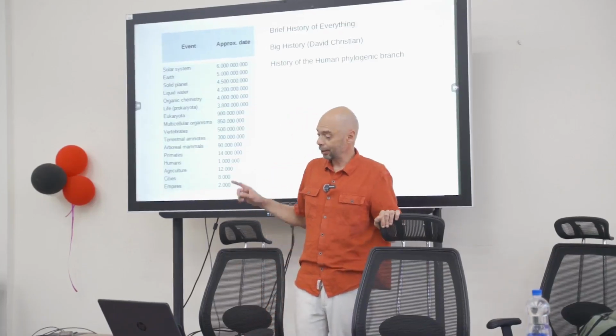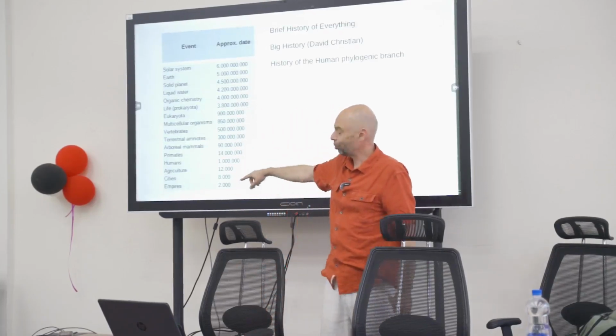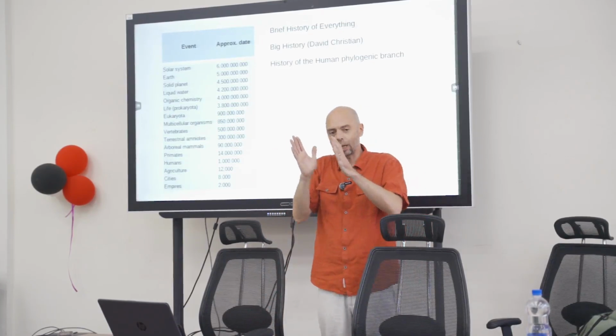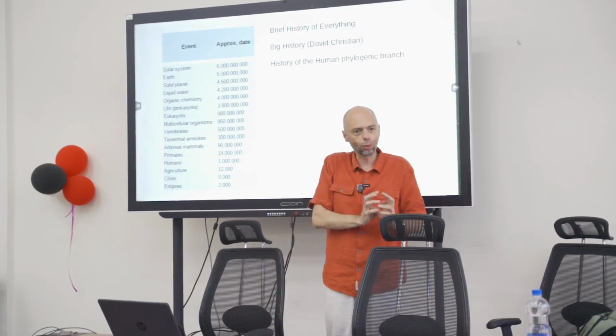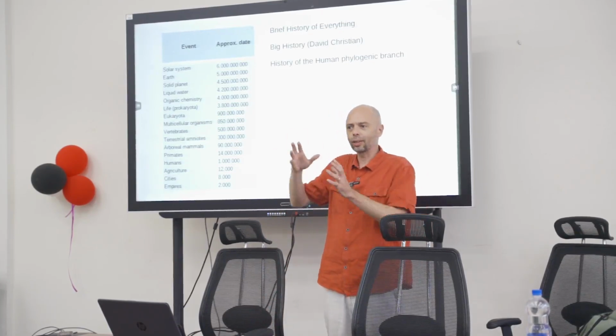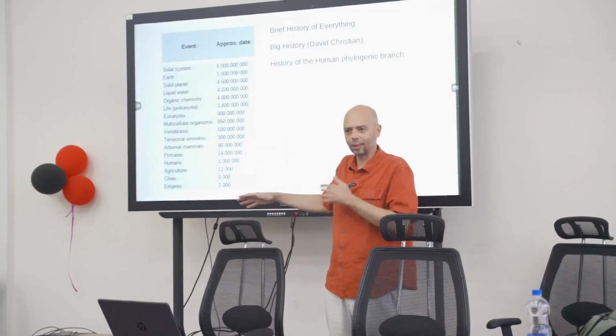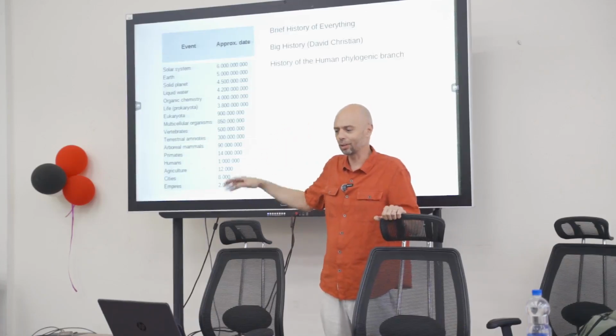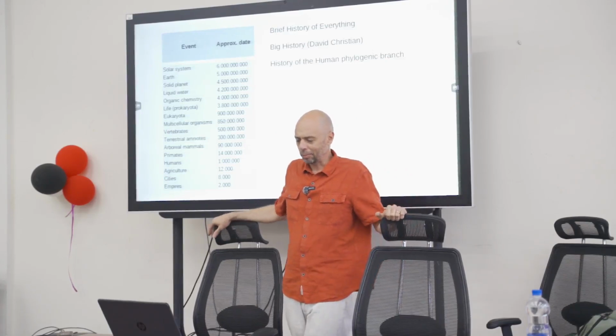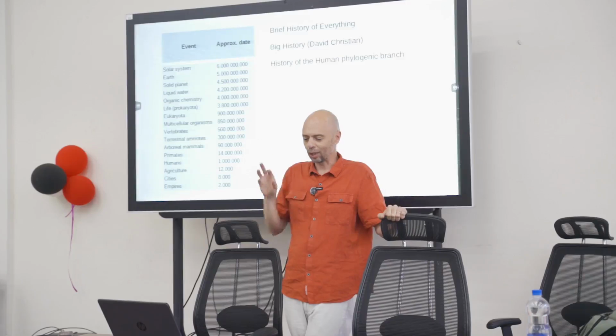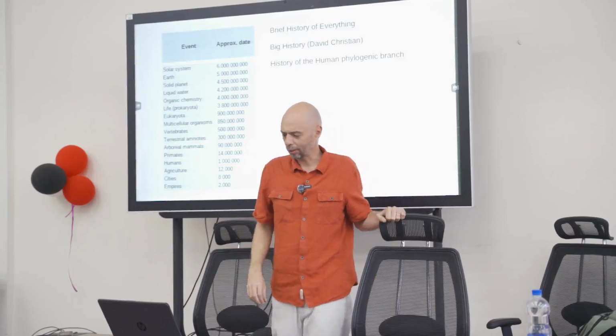And last thing, in this list of events, we focus on the branch of evolution which brought to human being. We will not take into consideration a lot of other interesting things that happened in other kingdoms, but we are interested really in the line which brings to human being.